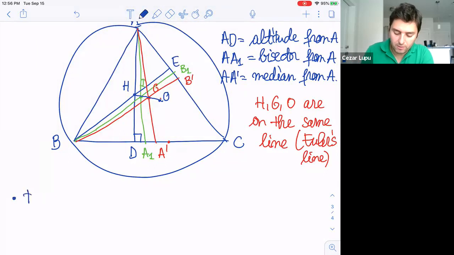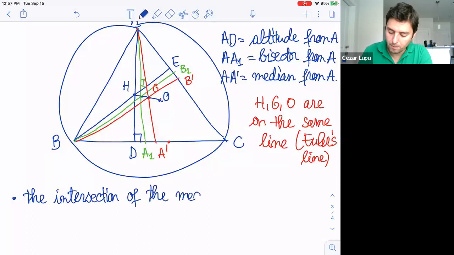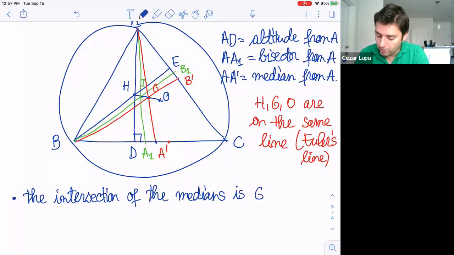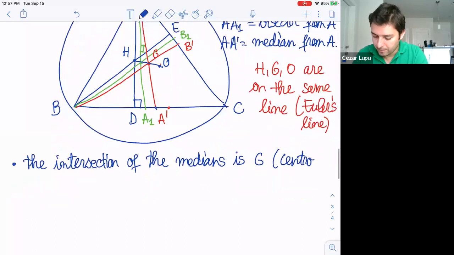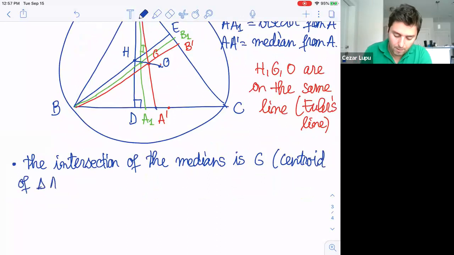The intersection of the medians, you know what the median is, right? It divides the opposite segment into two equal parts. The intersection is G, which we call the centroid of the triangle ABC.